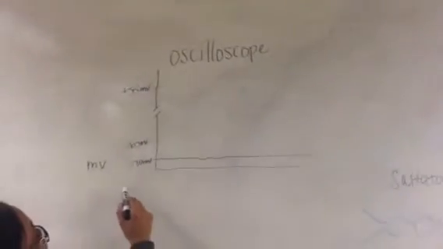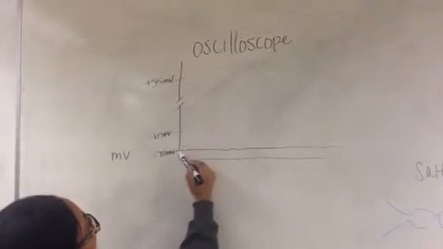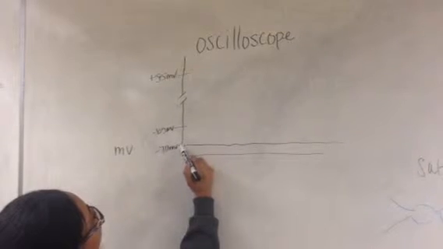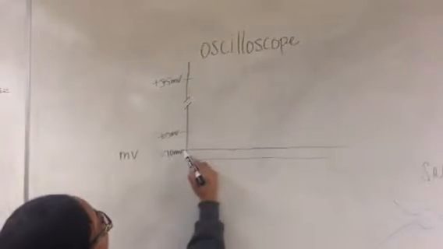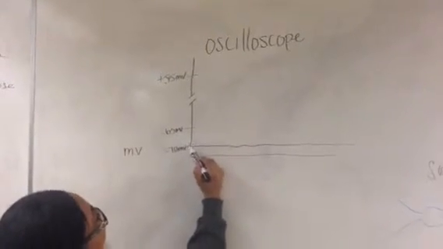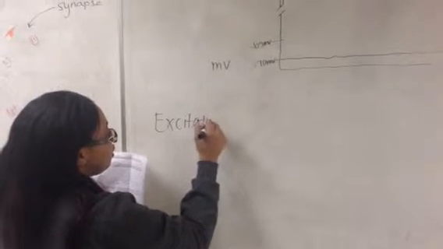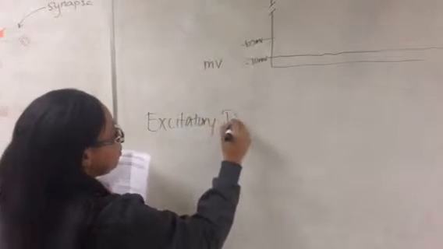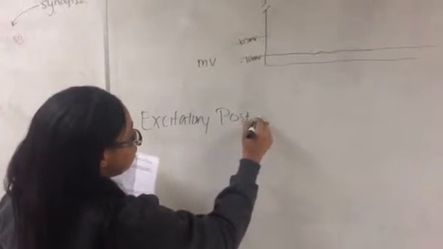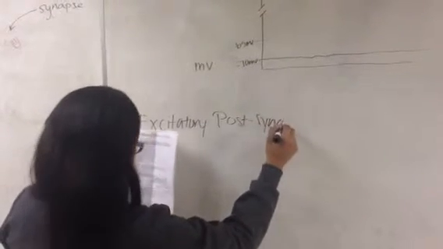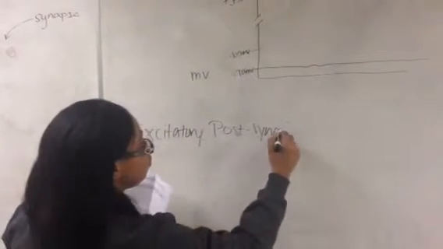Once that flow of sodium begins to come in, it makes a movement on the oscilloscope scale, and this movement is called EPSP, which stands for excitatory postsynaptic potential.